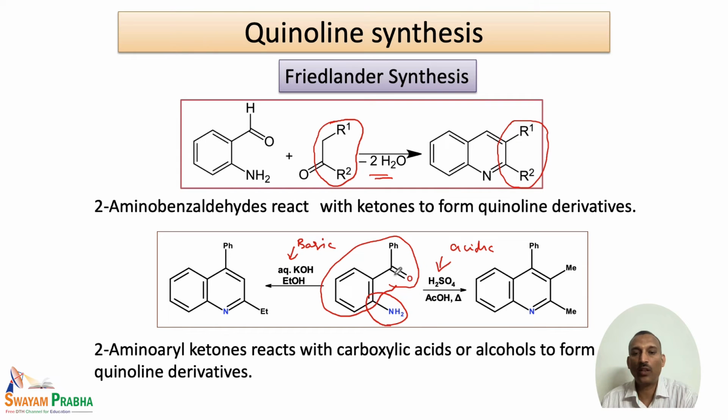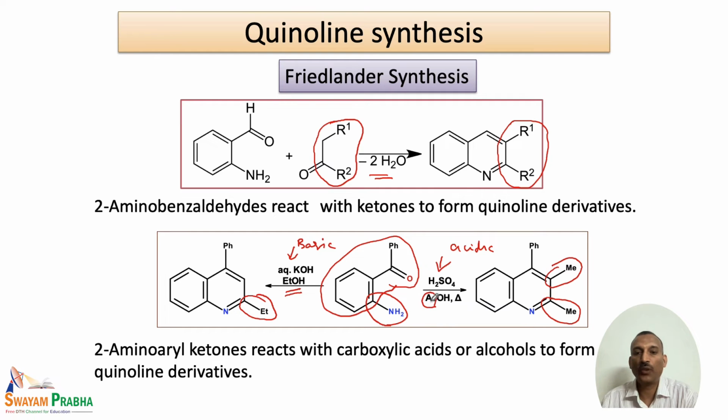And if you look at the starting material and the product that is formed, whenever we use ethanol in this particular case, this ethyl unit is introduced into the final product, and when we use acetic acid, the methyl unit is introduced into the final product. So this is the major difference, and here again another methyl group is being introduced in this particular case.